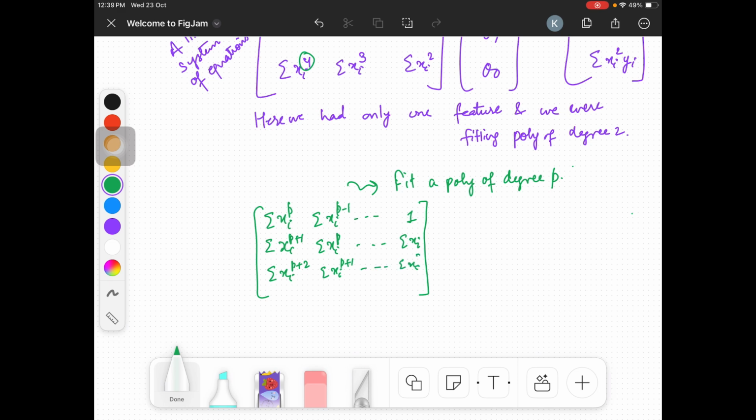Here it will be xi square, and in the last row you will have, this was twice of 2, so this is 2p, and then you have 2p minus 1 and so on, and here you will have p, right?